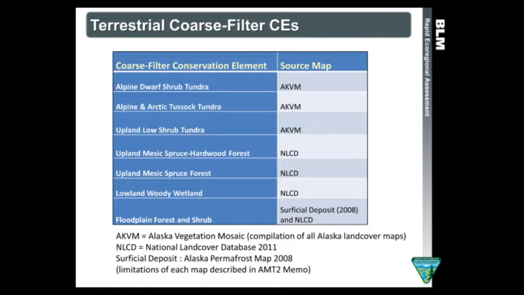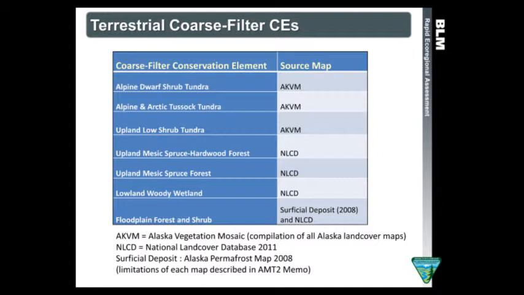So for our classes that are above tree line, the tundra classes, we'll be using what I'm calling our Alaska vegetation mosaic, and a lot of people are familiar with this mosaic product that we've put together over the last few years. It's basically all the vegetation maps in Alaska, and the majority of the area is maps produced by BLM, and then also a lot of Park Service maps mosaicked in.